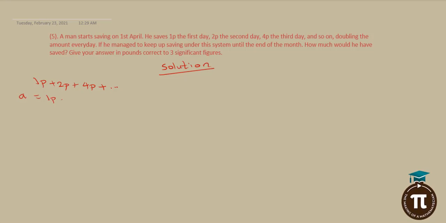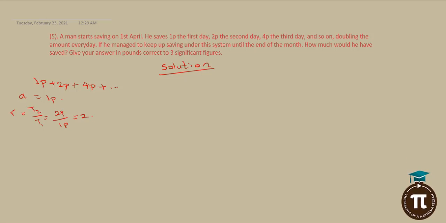Obviously, this is a GP. You do T2 divided by T1. That is 2p divided by 1p. The answer is 2. So the common ratio is 2.